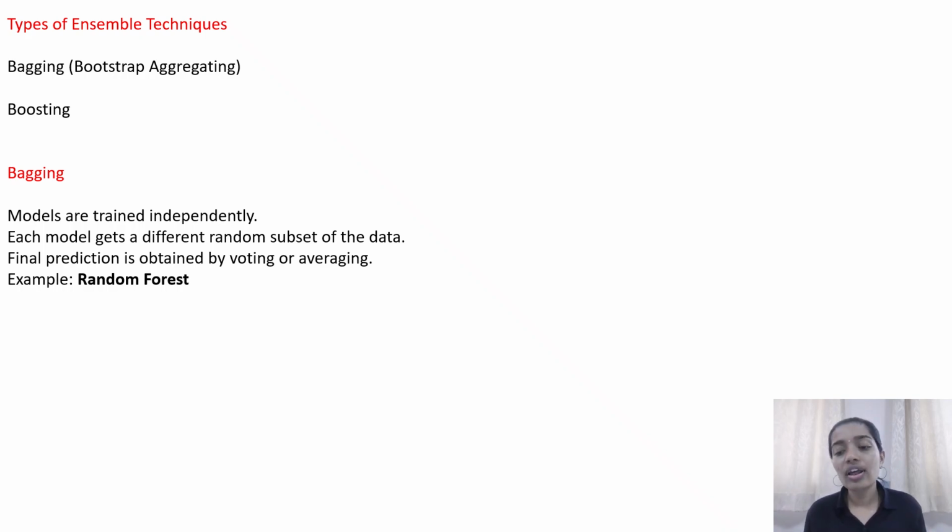So every model will get its own training set and its own testing set, and all of them will start learning at the same time. That is independent. If we have five decision trees, all of them will start learning at the same time.